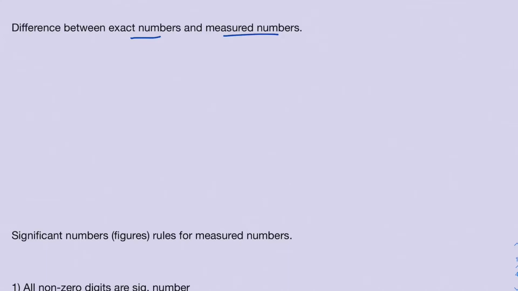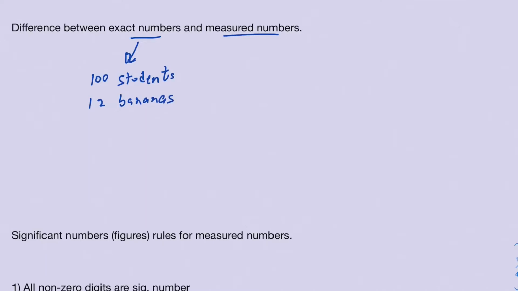Exact numbers are the ones that come from counting. For example, I can have 100 students, so that's an exact number, or I can have 12 bananas, that's an exact number. Some definitions are also exact numbers.